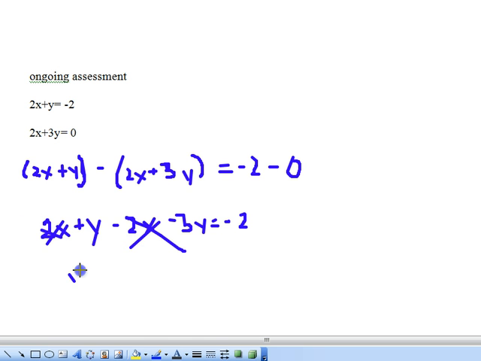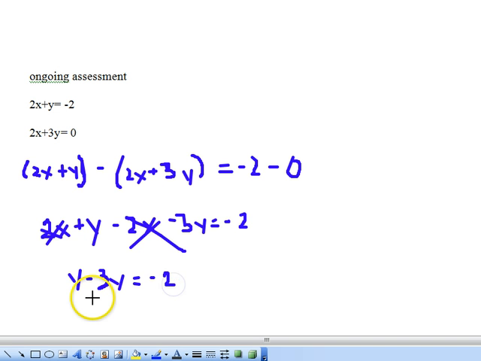And so you're left with y minus 3y is equal to negative 2. Oh my goodness, I'm sorry you guys, it's just not working for me tonight.